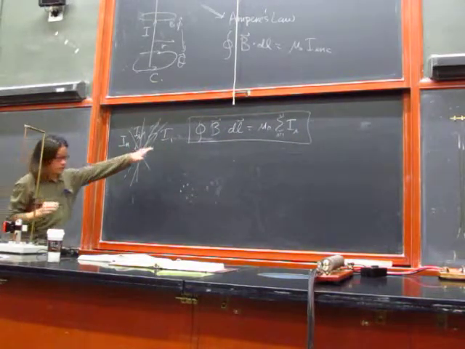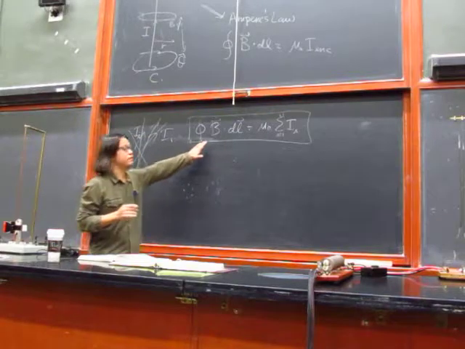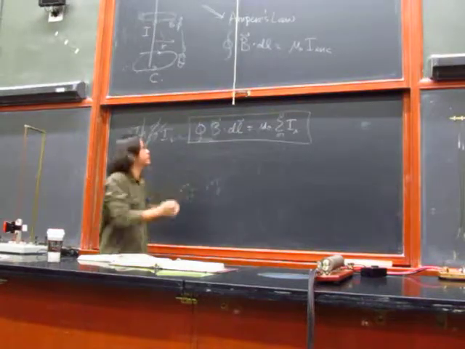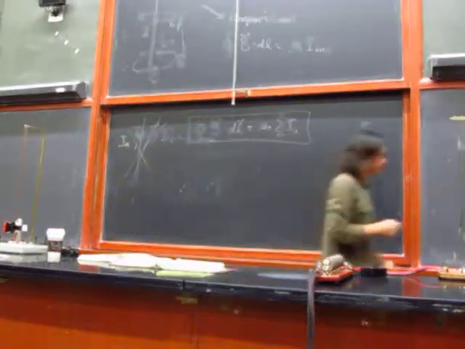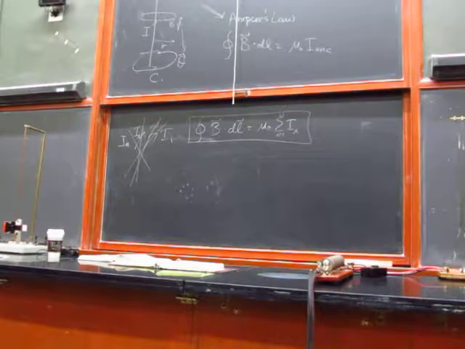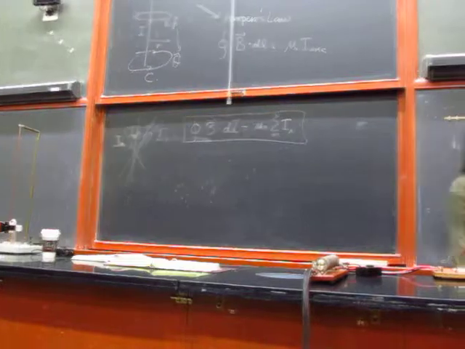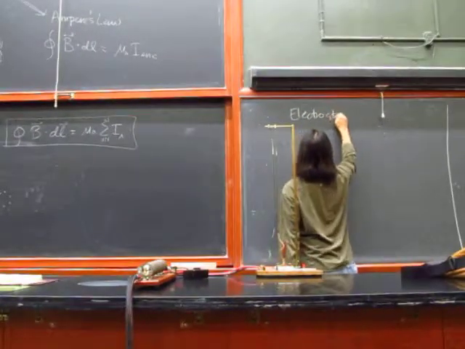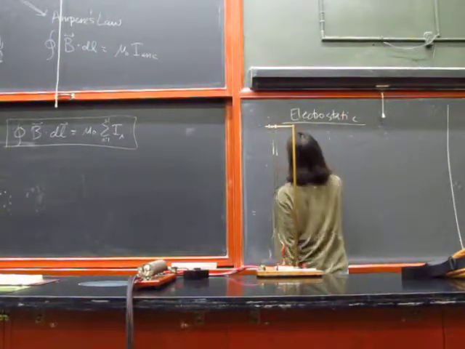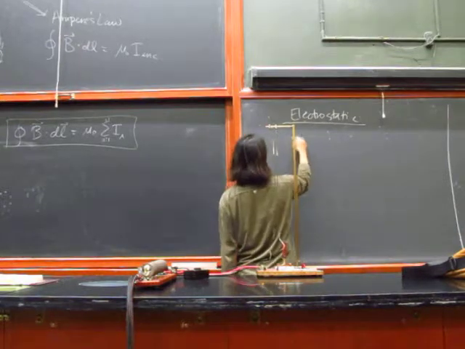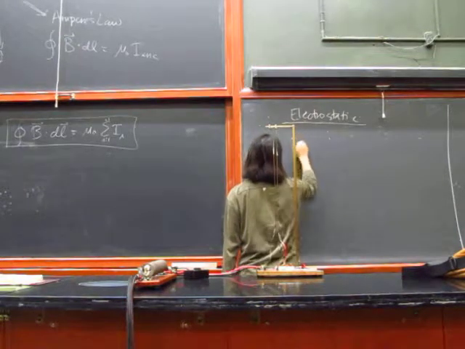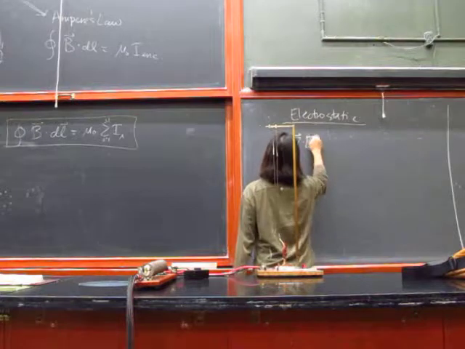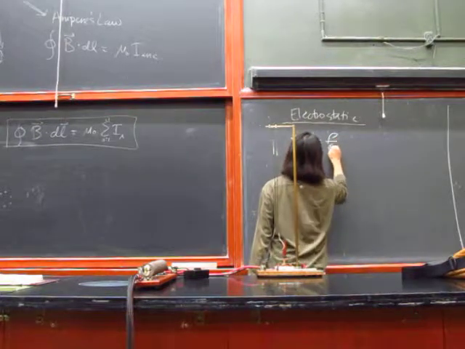And so this is basically very similar to your Coulomb's law in electrostatics, right? That's your analysis here. Electrostatics. Okay. Recall, in electrostatics you have the divergence of E is equal to rho over epsilon naught.